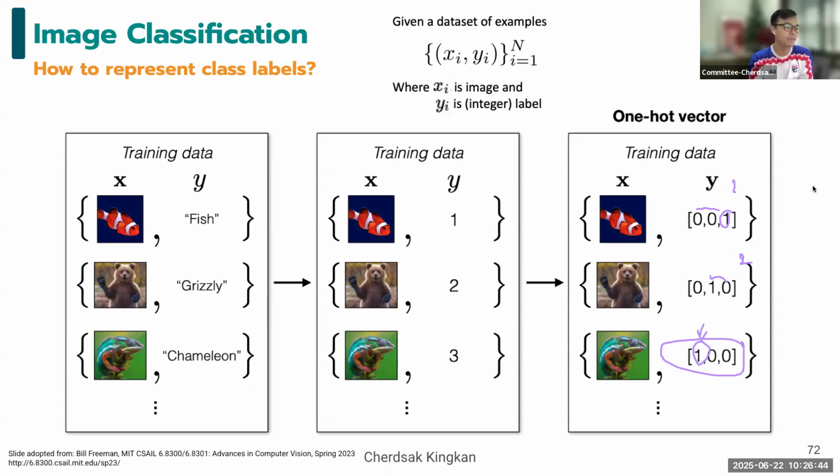So if we go mathematically, how does this one-hot vector end up like this? How can we convert this label into one-hot vectors? So what we can do is, for example, let's say that we have only 3 classes, right? So this is number 1, number 2, number 3.